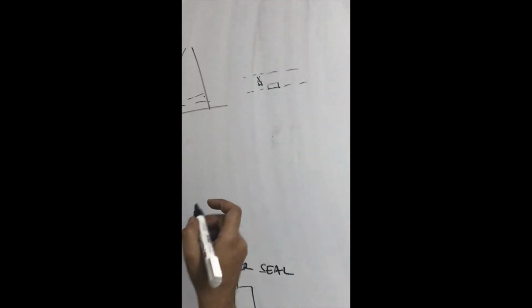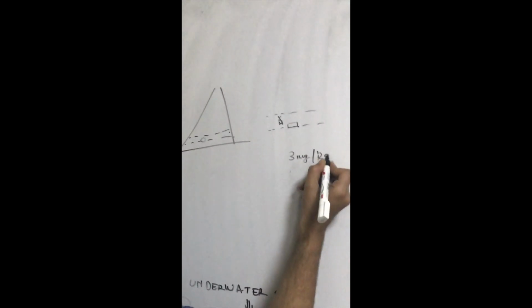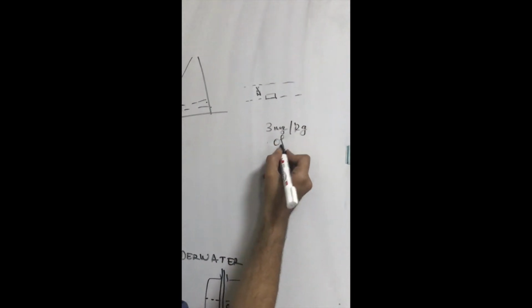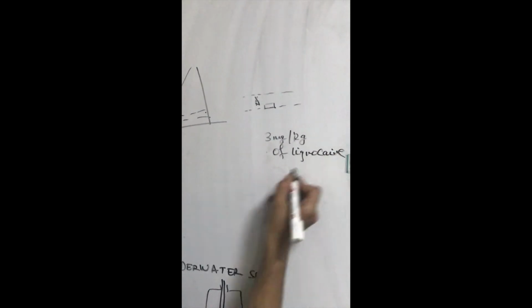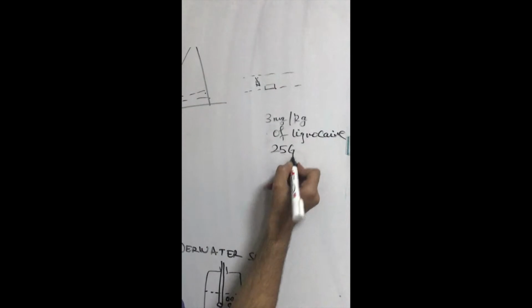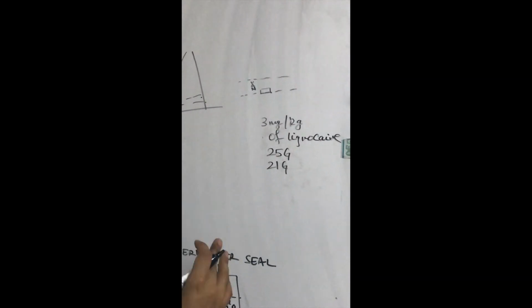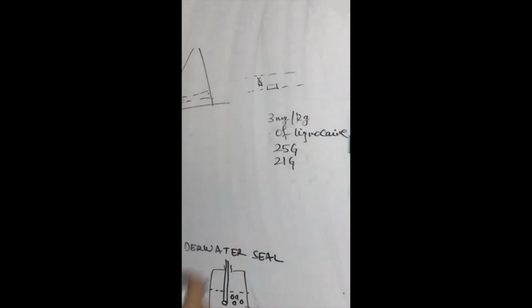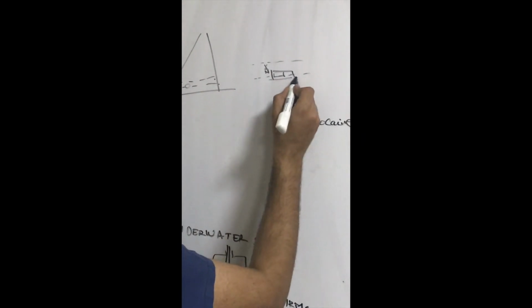So we begin by using 3 mg per kg as a maximum dose of lignocaine, and with a 25 gauge and a 21 gauge needle, we anesthetize the skin and the subcutaneous tissue, followed by the pleural space in the upper border of the lower rib.